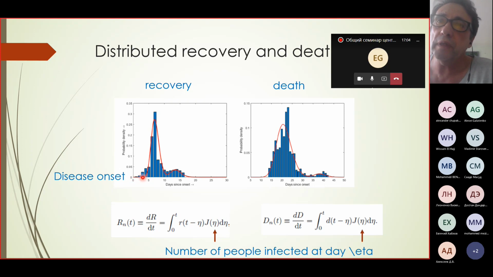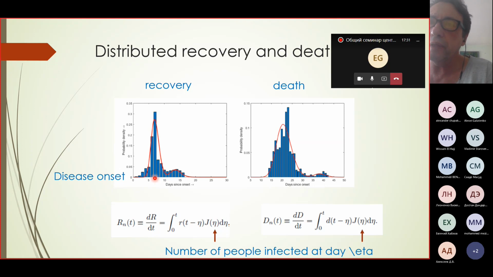For example, for this COVID-19 disease, you see this distribution here. We take all people infected at day 0. This distribution has a maximum at day 7. Of course, it depends on the virus variant. These data were obtained for the Delta variant, but now it's not important for us.